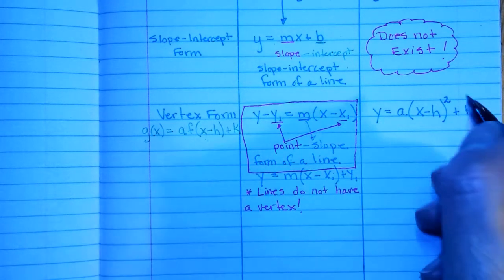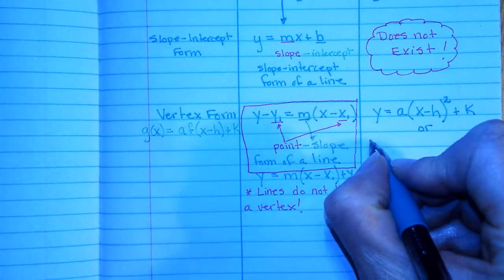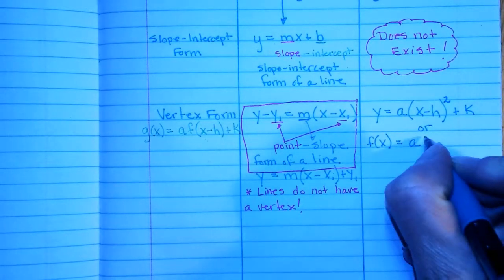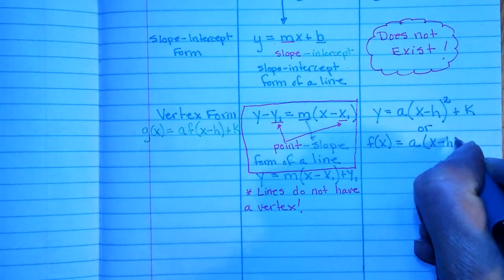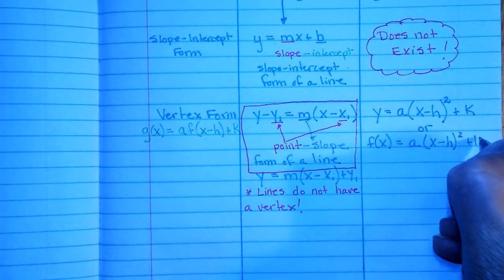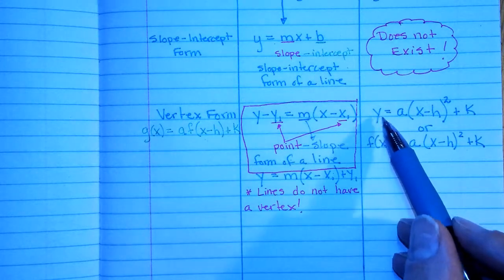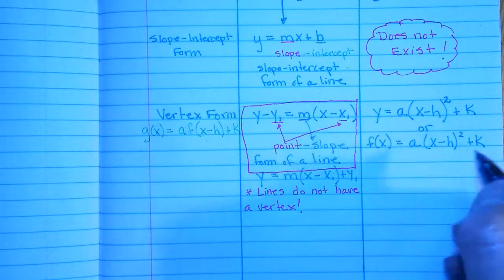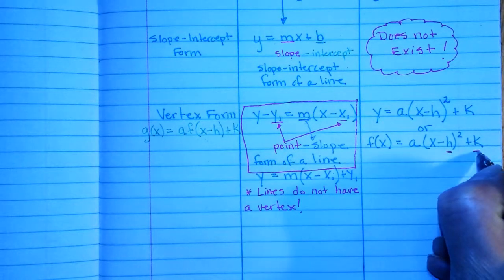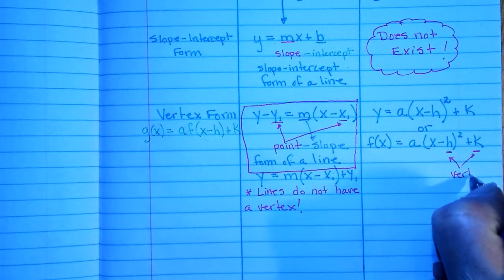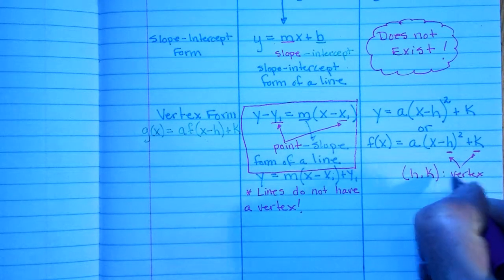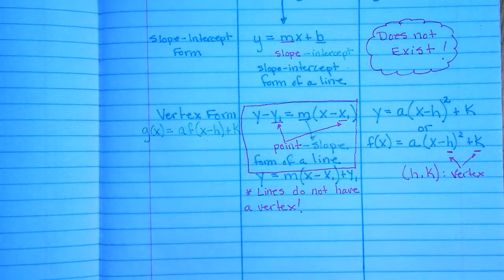I do want to say that we can also rewrite this to be f of x is equal to a times the quantity x minus h squared plus k, because y and f of x are the same thing. So remember also that your h, k, this is your vertex. It's a special x, y, that's your vertex.